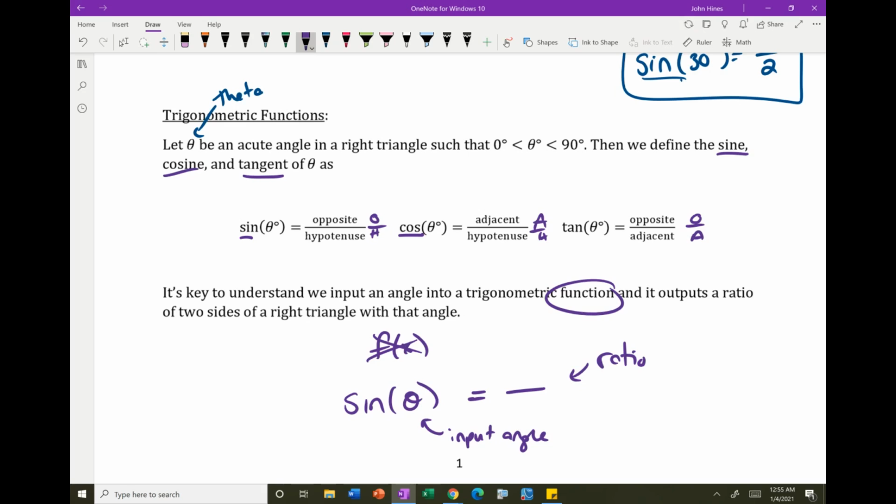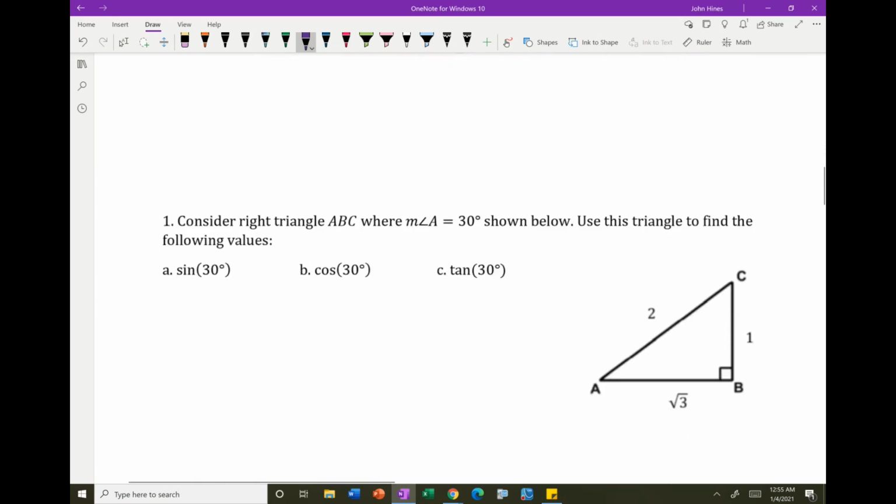We always input an angle measure into a trig function, and it always equals the ratio of two sides. I don't know what these two sides are here, but the sine of that angle equals opposite over hypotenuse. It equals a ratio. So trigonometry still deals with functions, which is why we study it in Algebra 2. I give you an input, and then you have to find me an output.